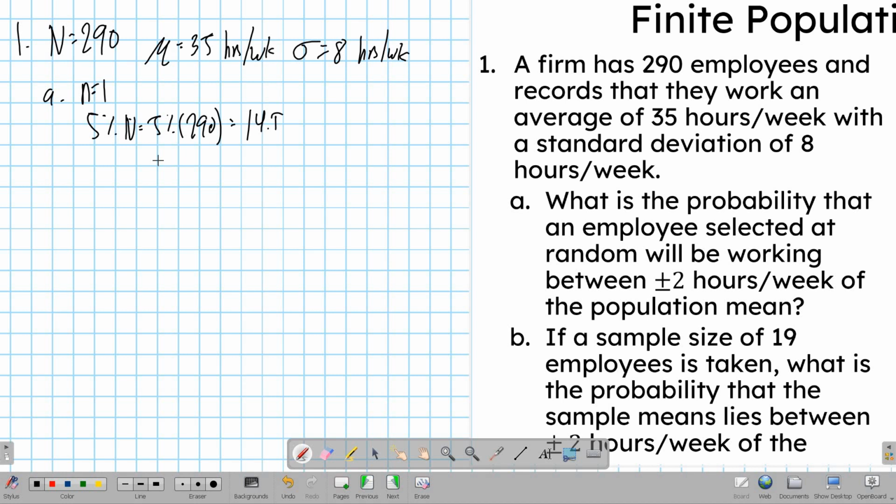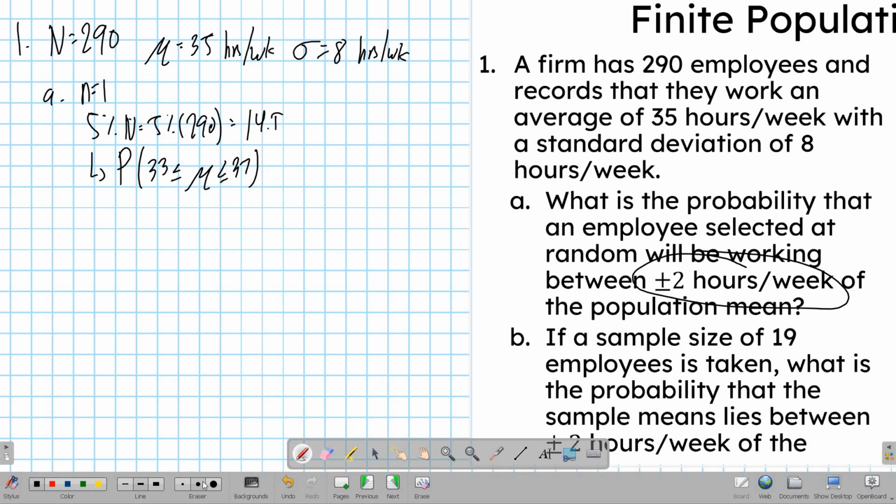When we say as is, what we do is as in the normal distribution, wherein we get the z-score. So if it's plus or minus 2 hours per week of the population mean, that means we are asked what would be the probability that a randomly selected employee would have working time between 35 minus 2, that's 33, and 35 plus 2, 37.